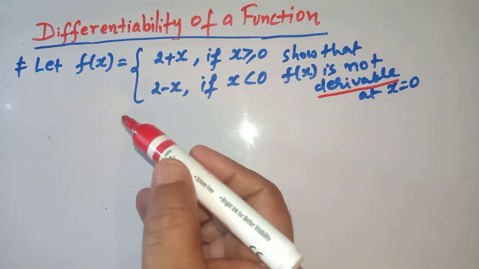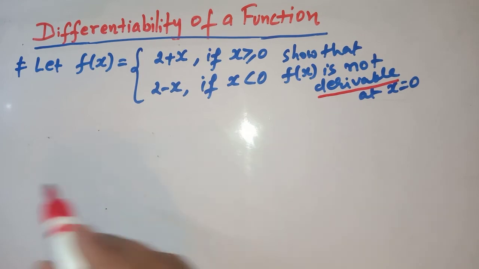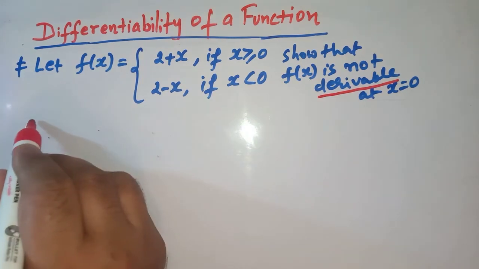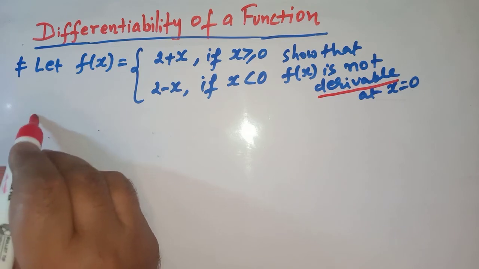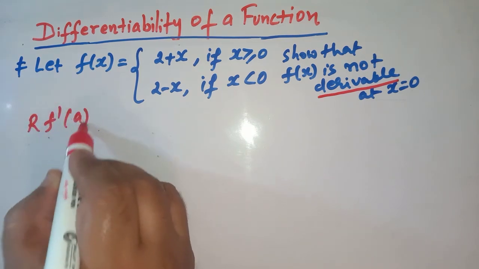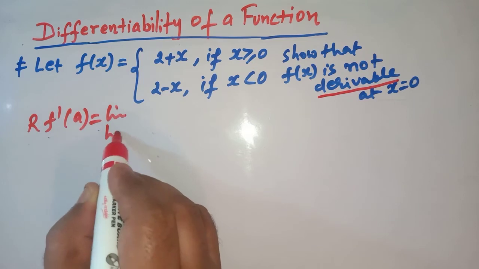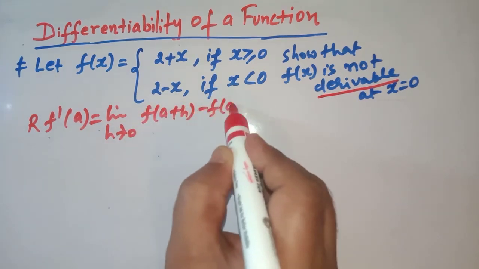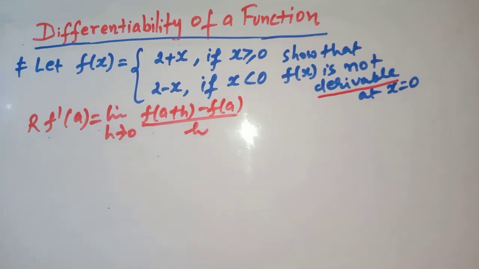So what we'll do, we'll adopt the same process of finding the right hand derivative and left hand derivative. So the right hand derivative is limit h tends to 0, f(a + h) - f(a) over h. Clear?